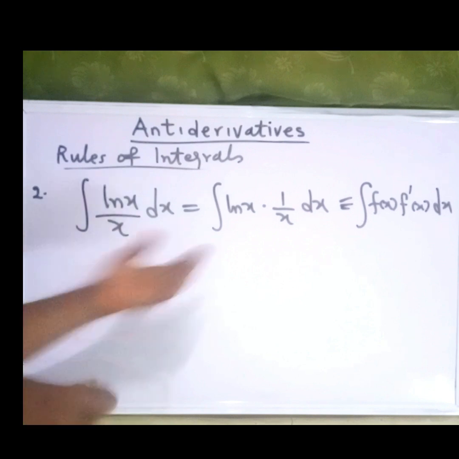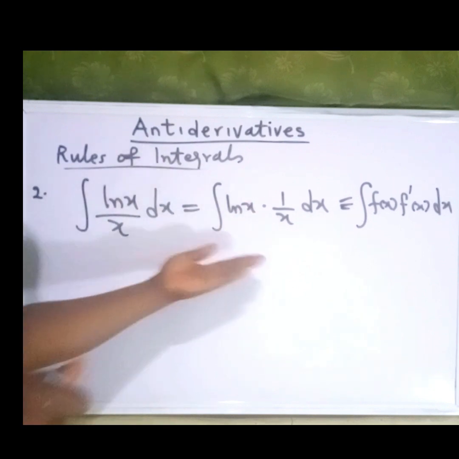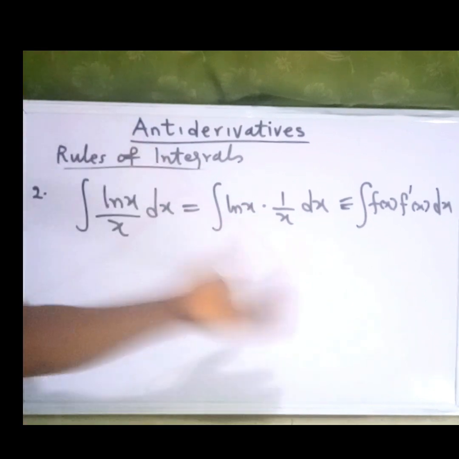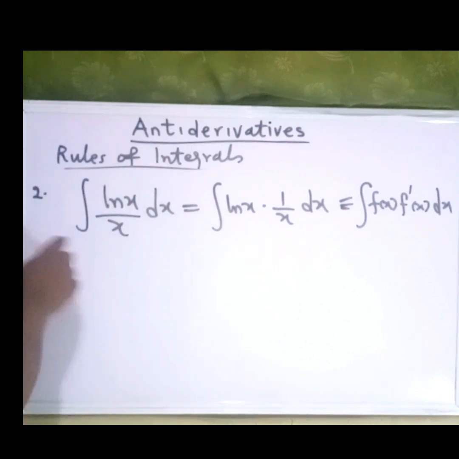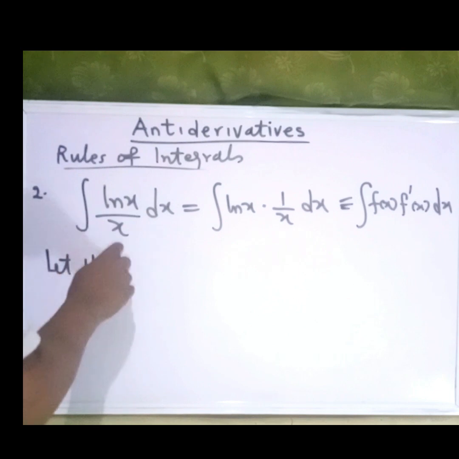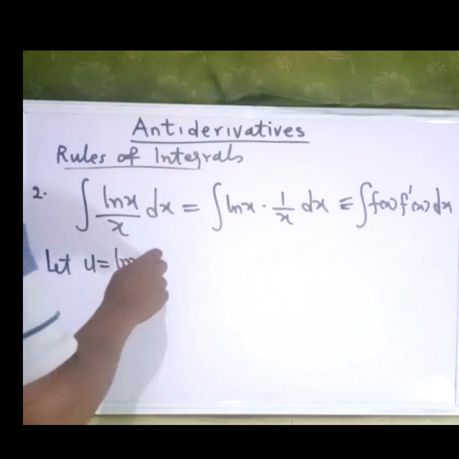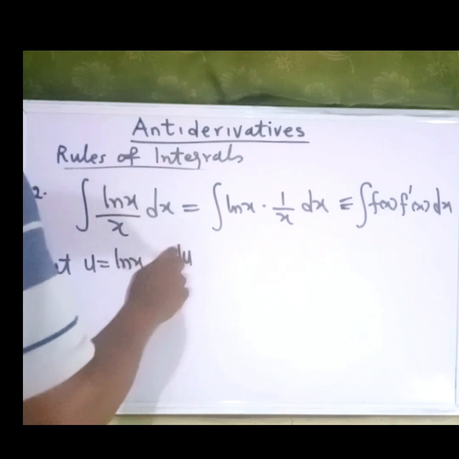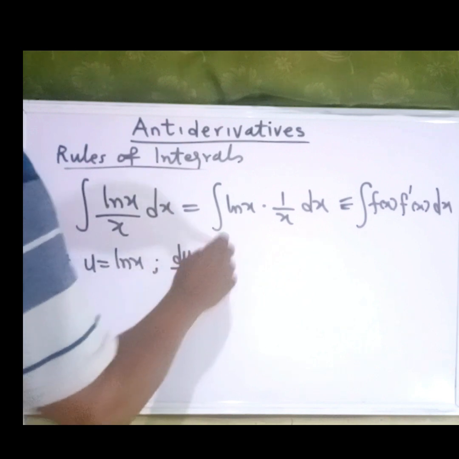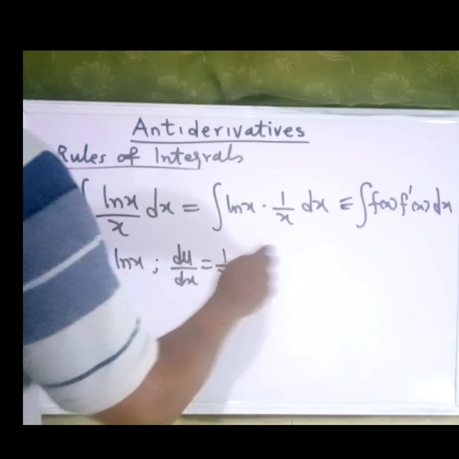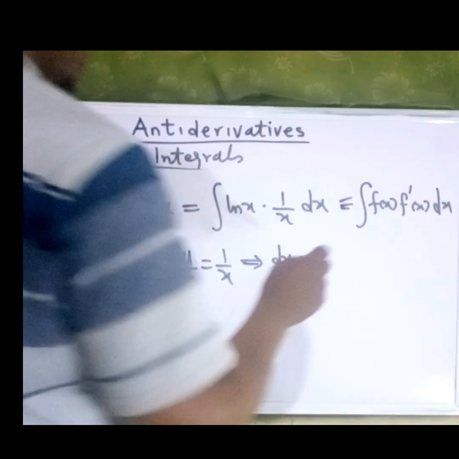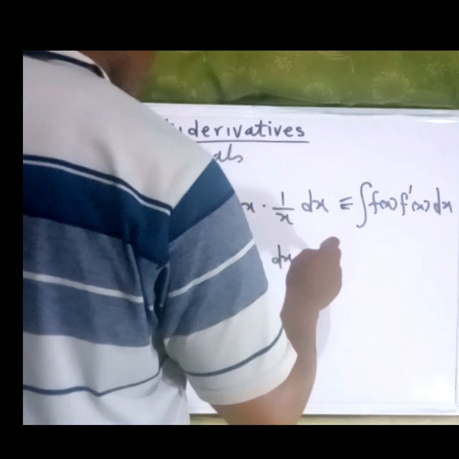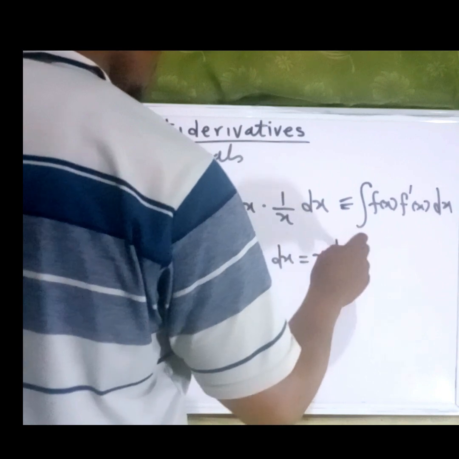But let's see how we can use the substitution to get what we have just said now. So again, you say let u equal ln x, then du dx is 1 over x. So if you make this a formula, this will be dx equals x du.